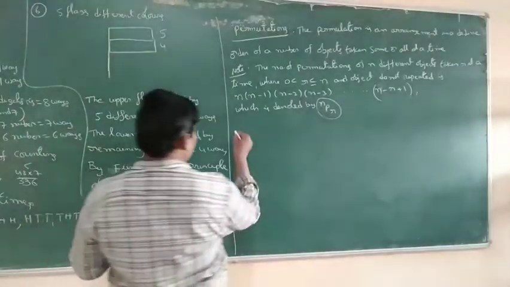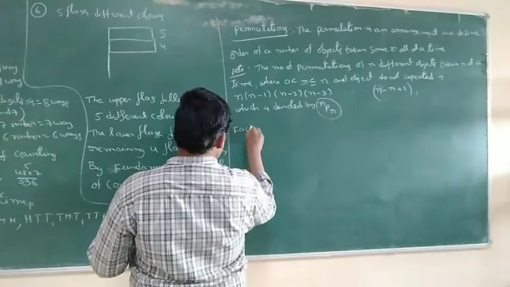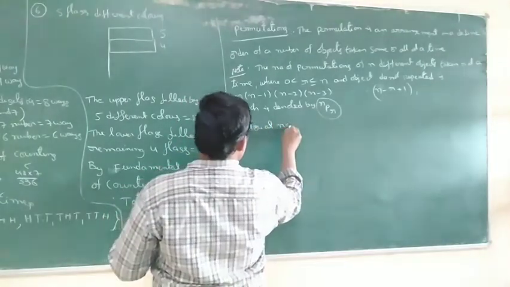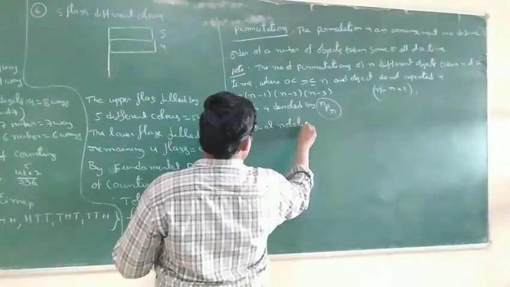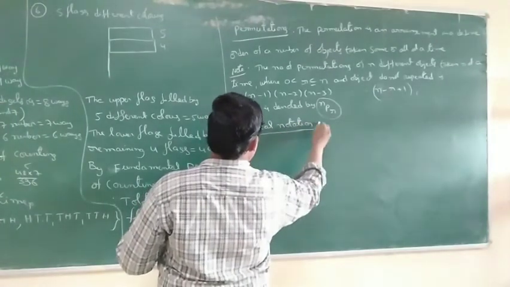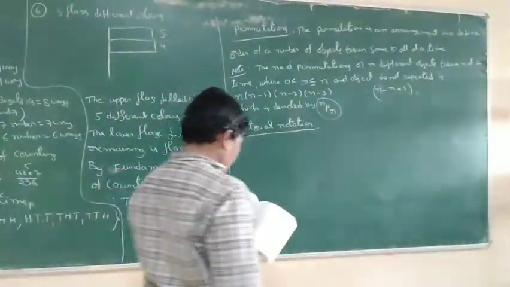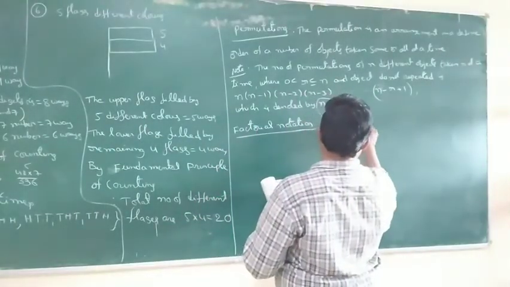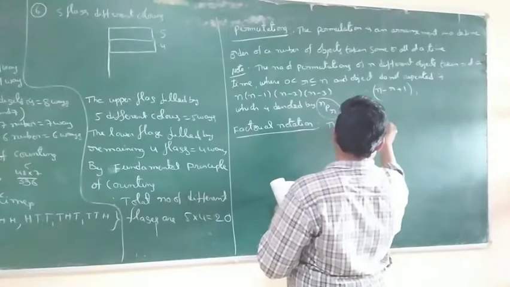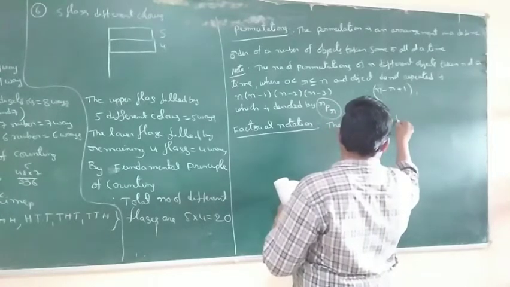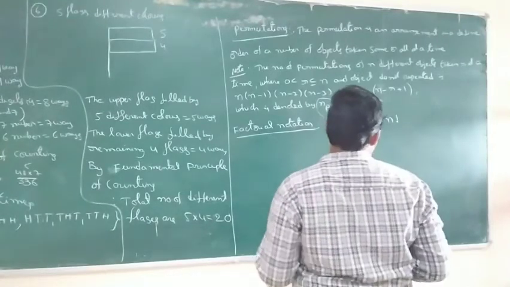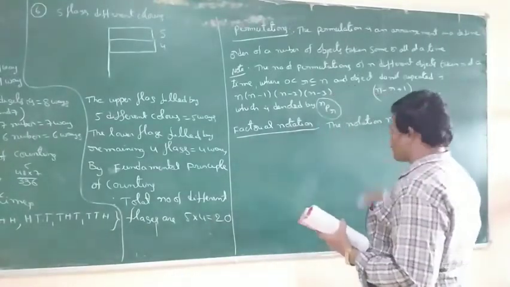Next, factorial notation. The notation n factorial. This symbol is called factorial.